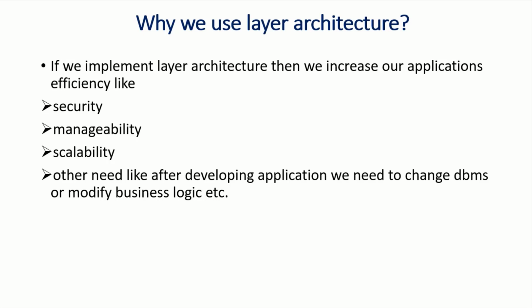Because each layer is separated from one another, we can easily change the database management system without touching the other two layers of the application. In this way, with the help of layered architecture, we can increase the efficiency of our application.